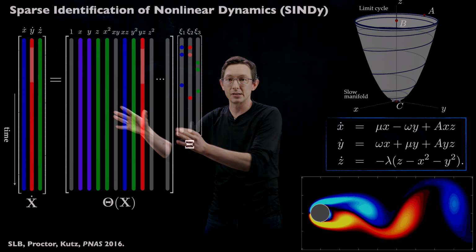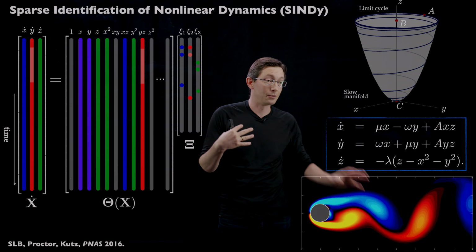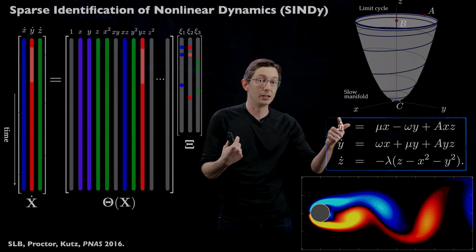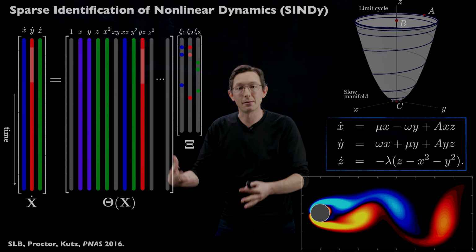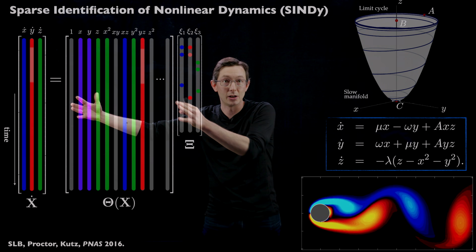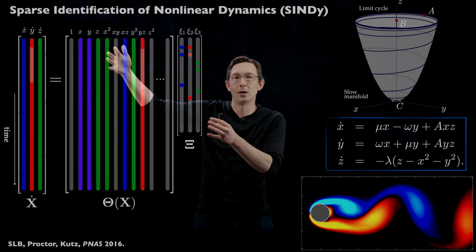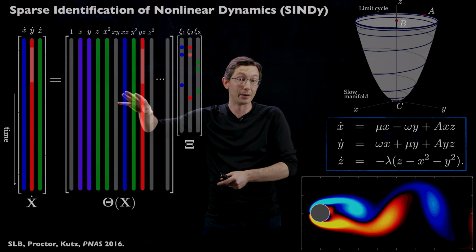Okay, so this is super simple. You take your system, you trust Bernd Noack that you should measure this in POD1, POD2, and the shift mode. That gives you time series for x, y, and z. And then you try to model x dot, y dot, and z dot as some sparse combination of terms like x or x squared or xy or y squared, a sparse combination of terms in a library.